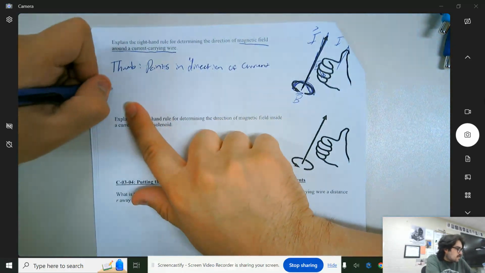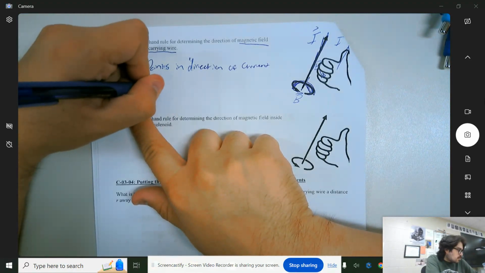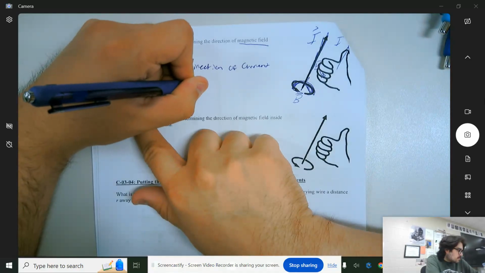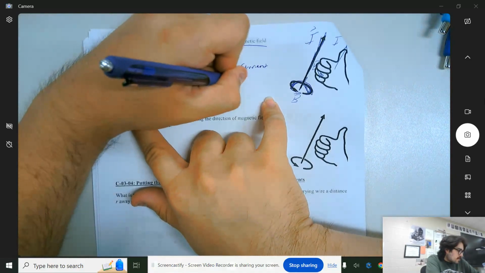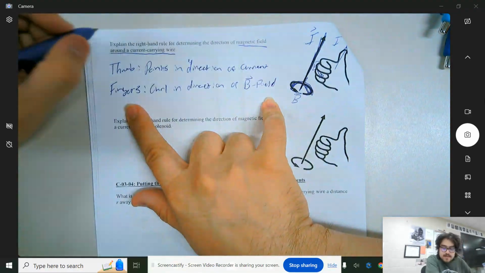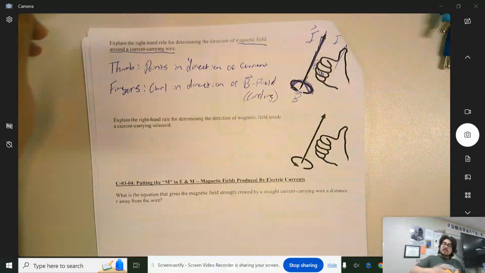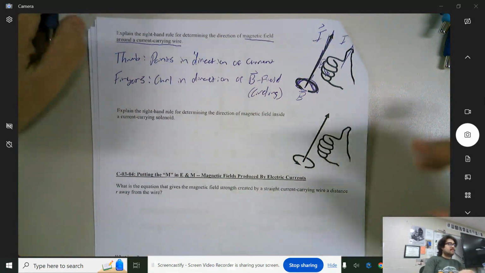Then your fingers curl in the direction of the B field. And notice again, the B field is circling. It always circles current carrying wires.